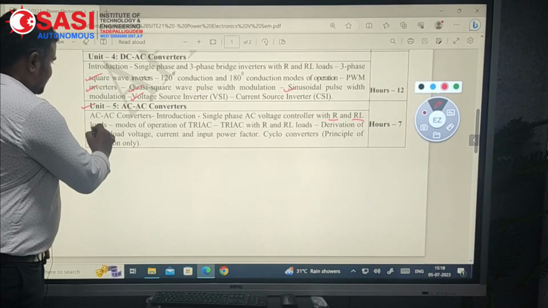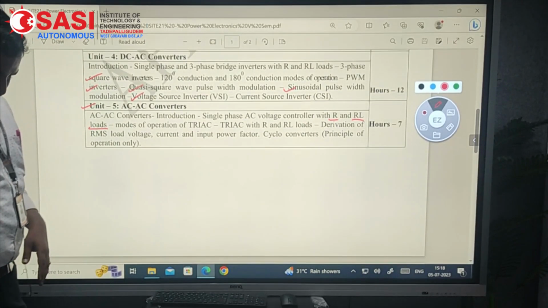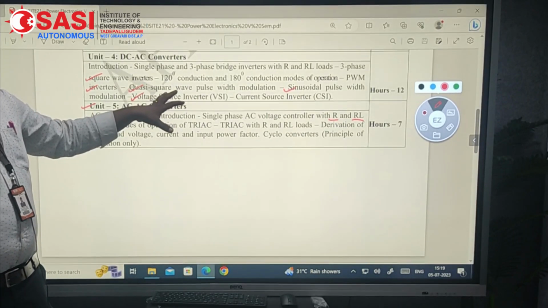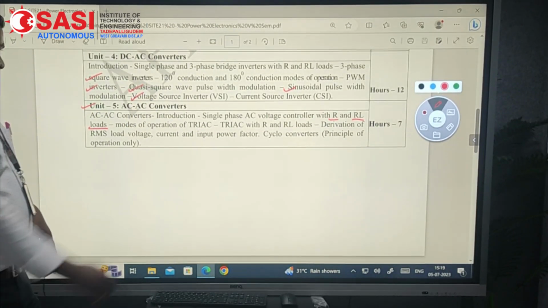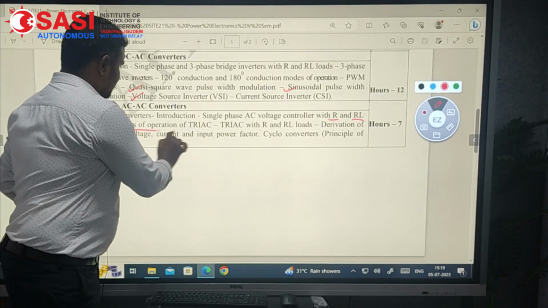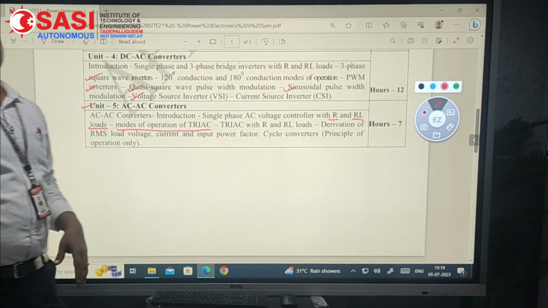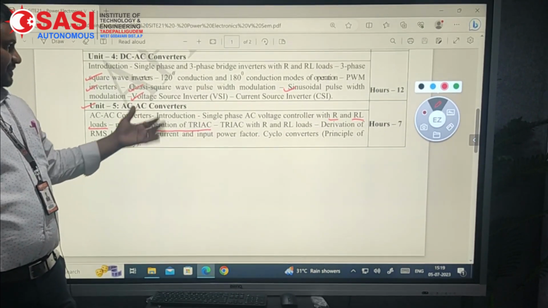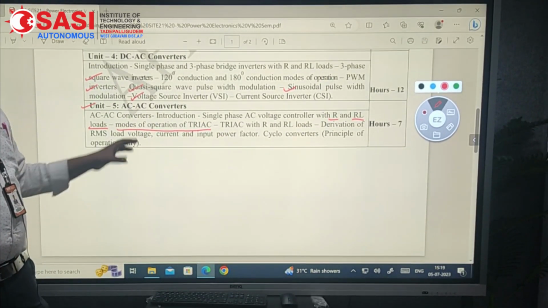This is one way of taking the AC voltage controller operation for R and RL load. And another way of doing the AC voltage controller is by taking the triac. Triac is a switch. So by taking the triac also, that means it's an anti-parallel thyristor concept.